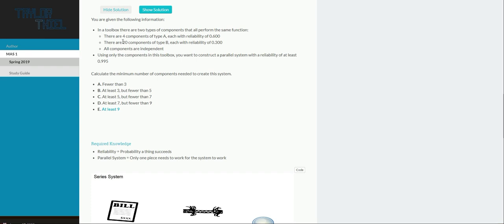So, jumping into the problem, we have 4 60% reliability components, 20 30% reliability components, and we're trying to up our reliability to 99.5%. It's easier to think of things in terms of failure when dealing with a parallel system.